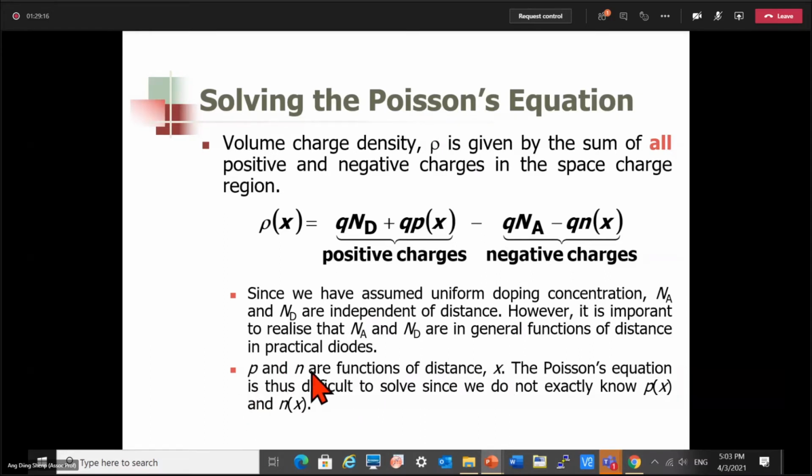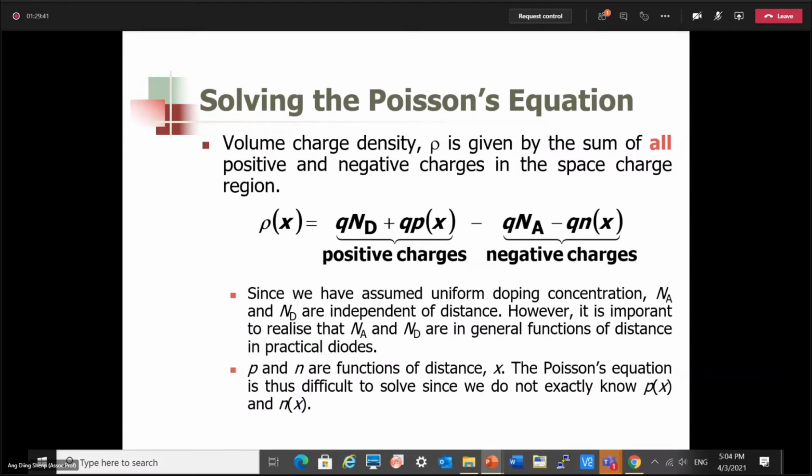You cannot assume p and n to be independent of distance; that would not be very realistic at all. As a result, the Poisson equation is very difficult to solve because we do not know how p and n vary across the junction.